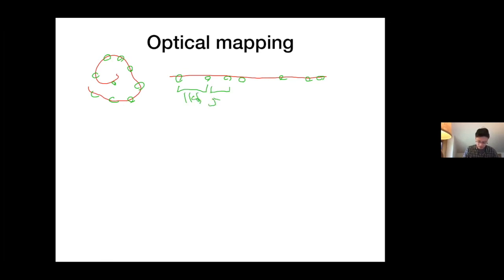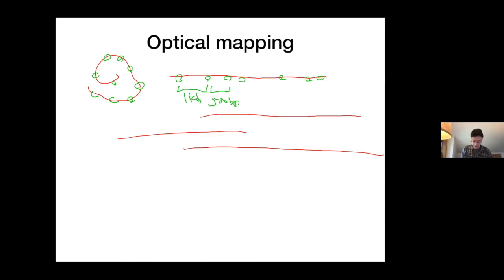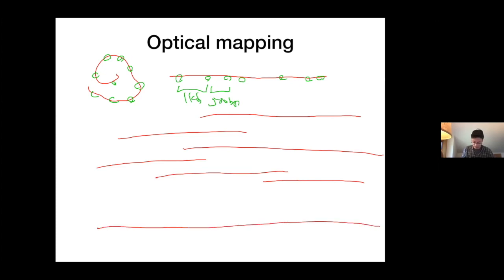This is 500 base pairs, and so on, right? So you have a map of where the restriction cut sites are, and you can align this based on the distance between the cut sites, and you will get a long stretch of genome map.